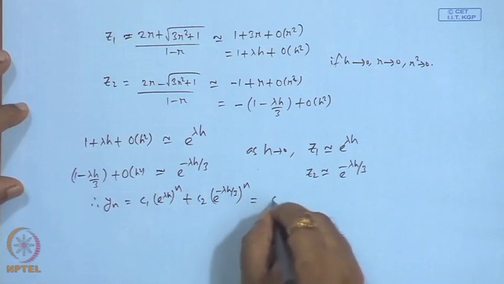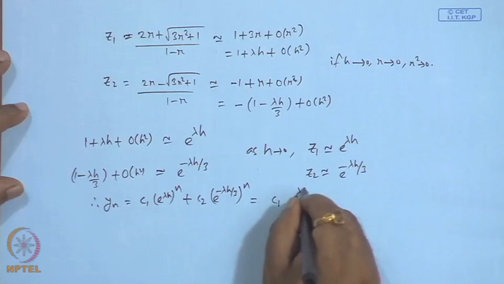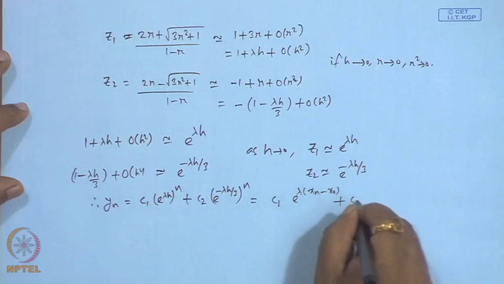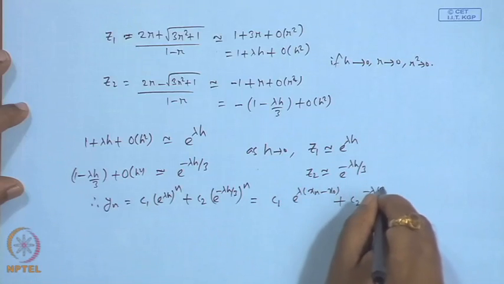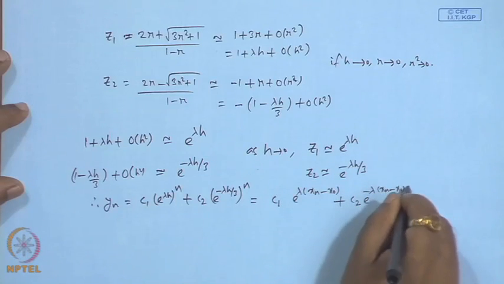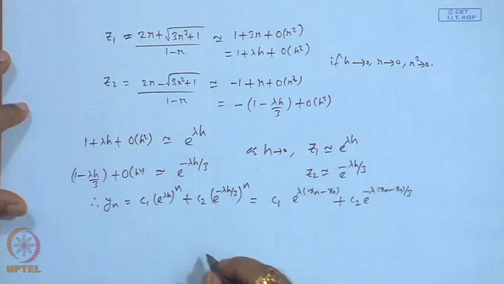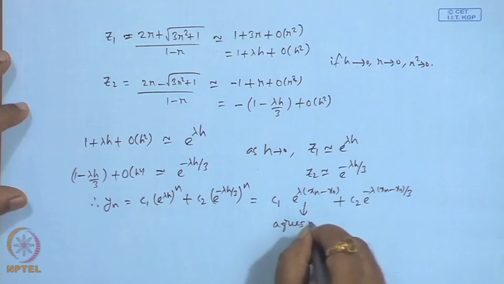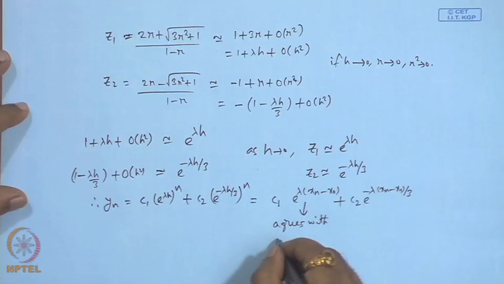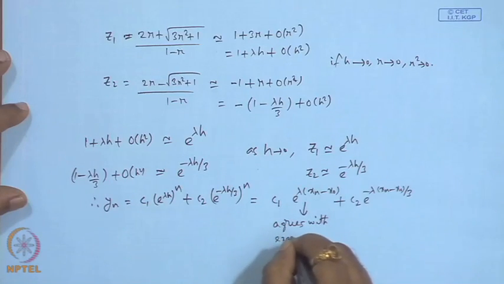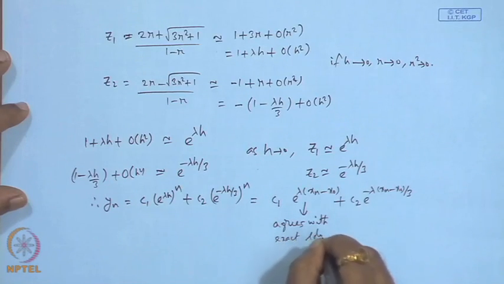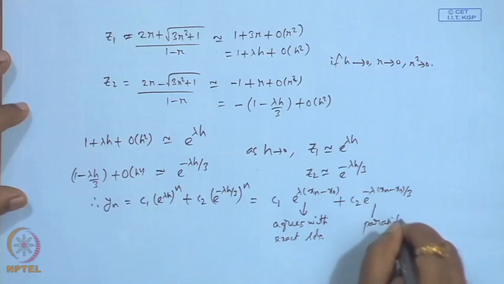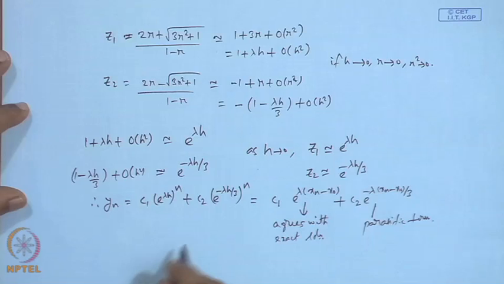So, this is c1 times this, so this agrees with the exact solution, and this is the parasitic term.